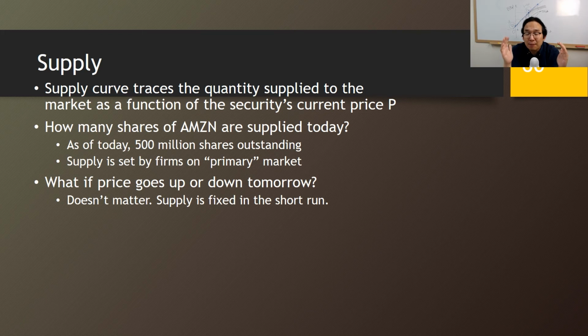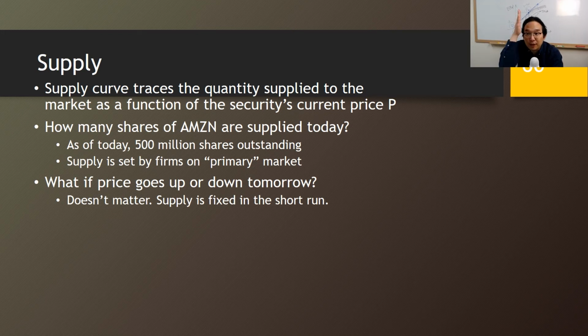Will the CEO increase or decrease the number of shares outstanding immediately simply because he or she wants to? The answer is no, because all those shareholders, millions of shareholders, will have to approve that, saying yes, you can increase or decrease the number of shares outstanding.